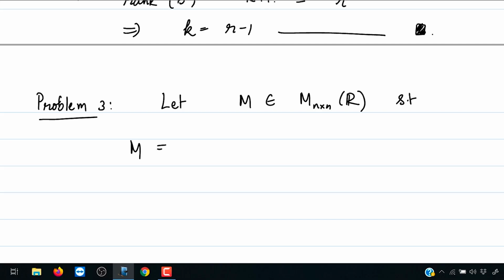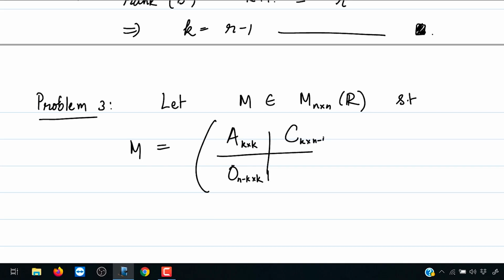M is equal to A, say k cross k, block matrix it is. So this is a 0 matrix below A, which is of n minus k cross k, and there is a C which is k cross n minus k, and there is a B which is n minus k cross n minus k. So suppose M can be written in this form.